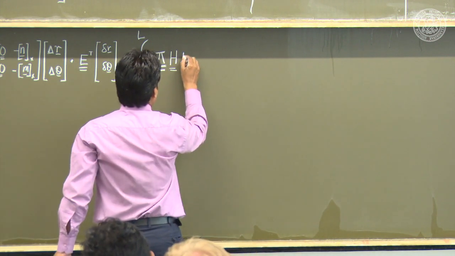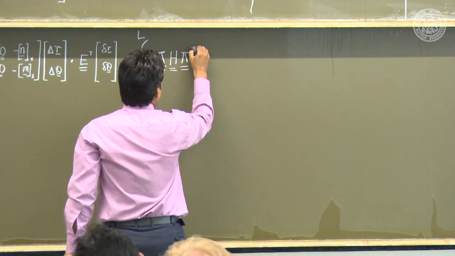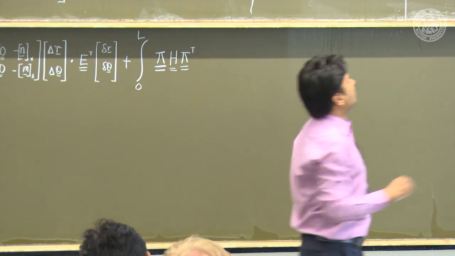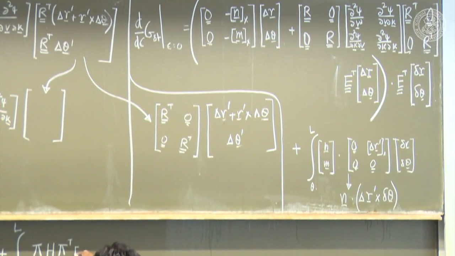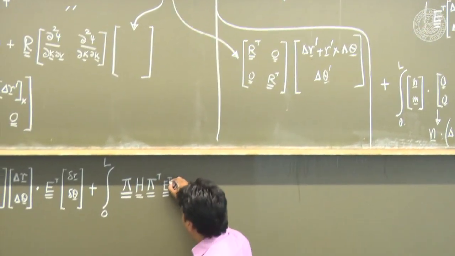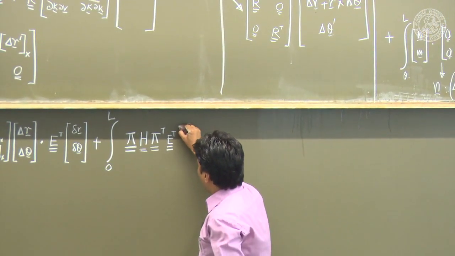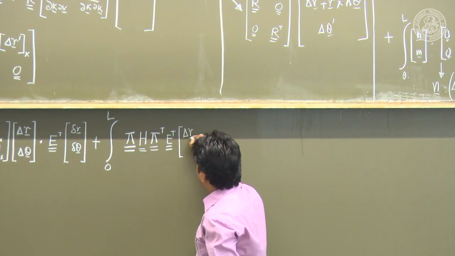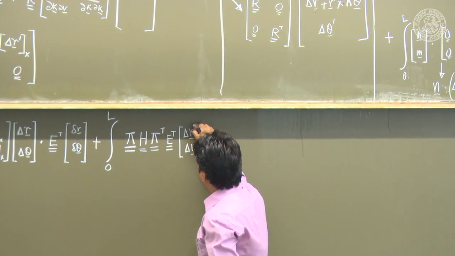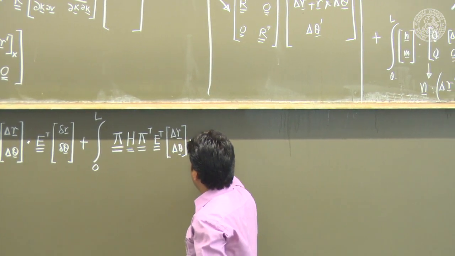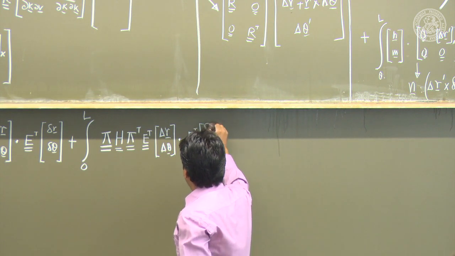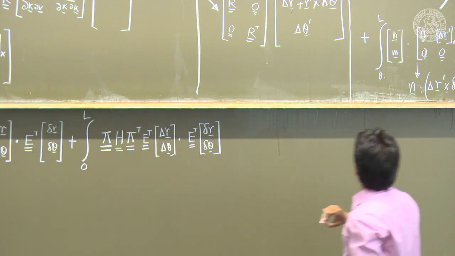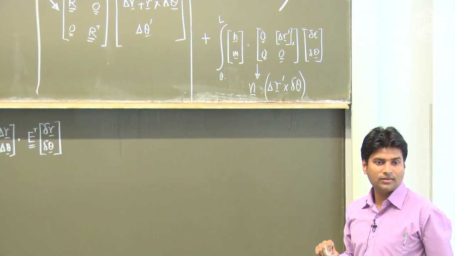So you get pi transpose, then E transpose into delta r delta theta, dotted with again E transpose del r del theta, isn't it?